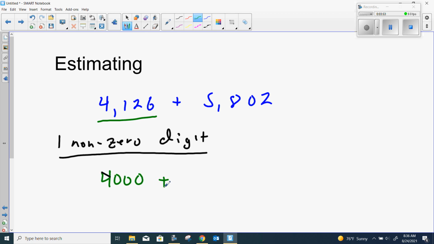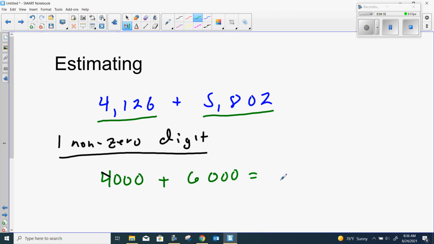When we round 5,802 to one non-zero digit, we're talking about the 5. The 8 is greater than 5, so that 5 in the front becomes 6, and everything else becomes zeros. Again, in the 4,000, the 4 is the one non-zero digit, and everything else is 0.